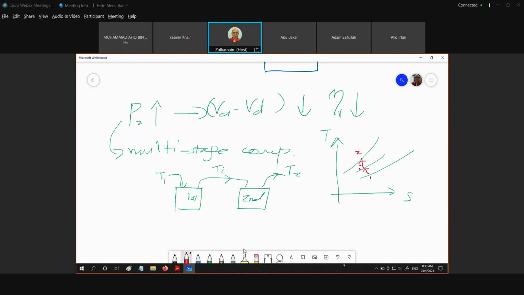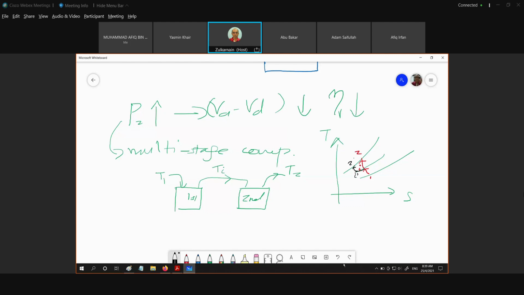Lepas tu, kita nak cuba minimize our input work. Because input work pada compressor ni bukan cost operasi kita. Jadi apa kita buat lepas tu? Kita akan jadikan apa yang dikatakan sebagai intercooling. Jadi sini adalah I prime, sini jadi 2 prime.